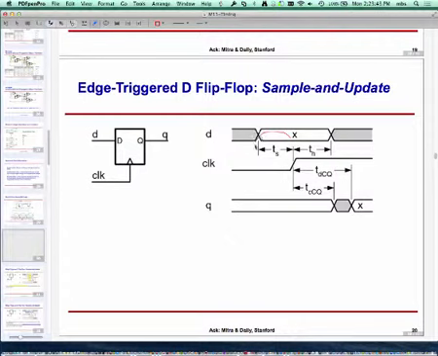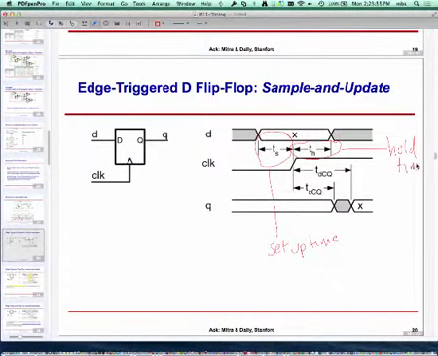This part is the setup time, and this part is the hold time. Around the clock edge where I have to make the decision, there is a window of time which extends from clock edge minus T sub s to clock edge plus T sub h.